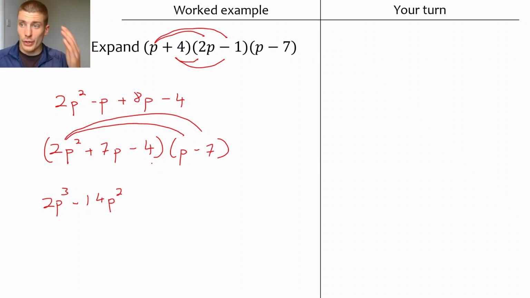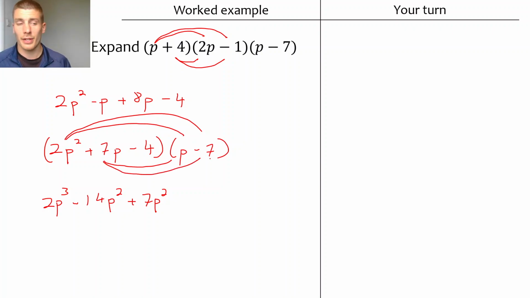squared. You then go on to your second term, plus 7p, and we go and do plus 7p times by p, which is 7p squared. You've then got plus 7p times by minus 7, which is minus 49p.